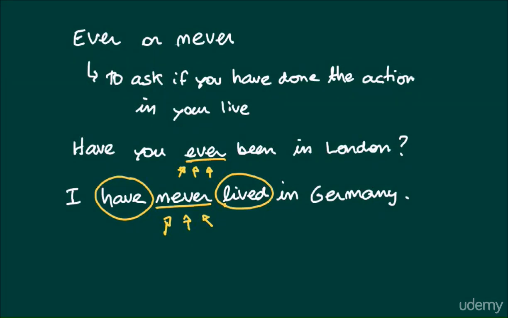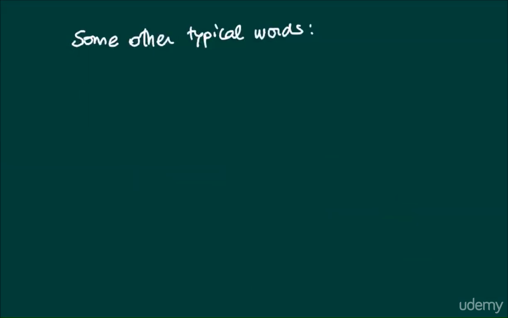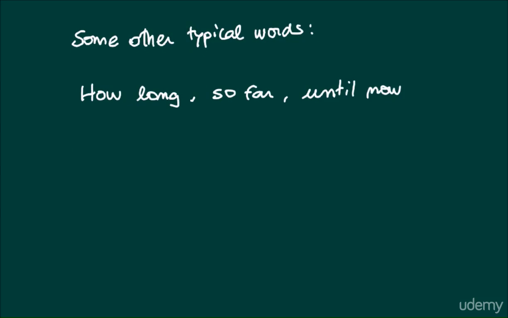Notice that all these hint words, except for yet, are placed in between have and the verb. Some other words used in the present perfect tense are how long, so far, until now. Please review all these words and their meanings in the vocabulary lesson 6.